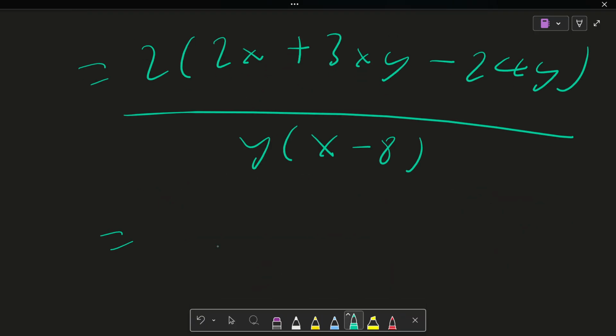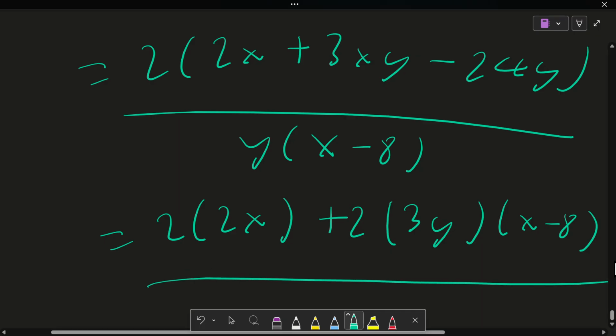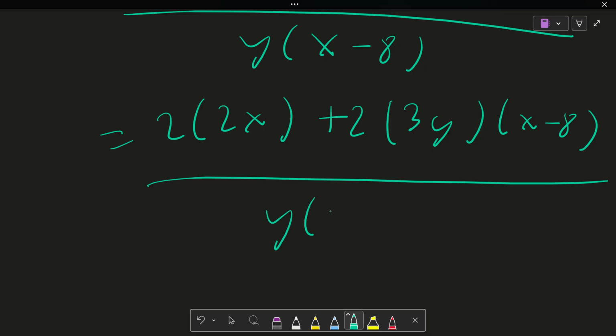So here equals 2 times x plus 3y times x minus 8 divided by y times x minus 8.